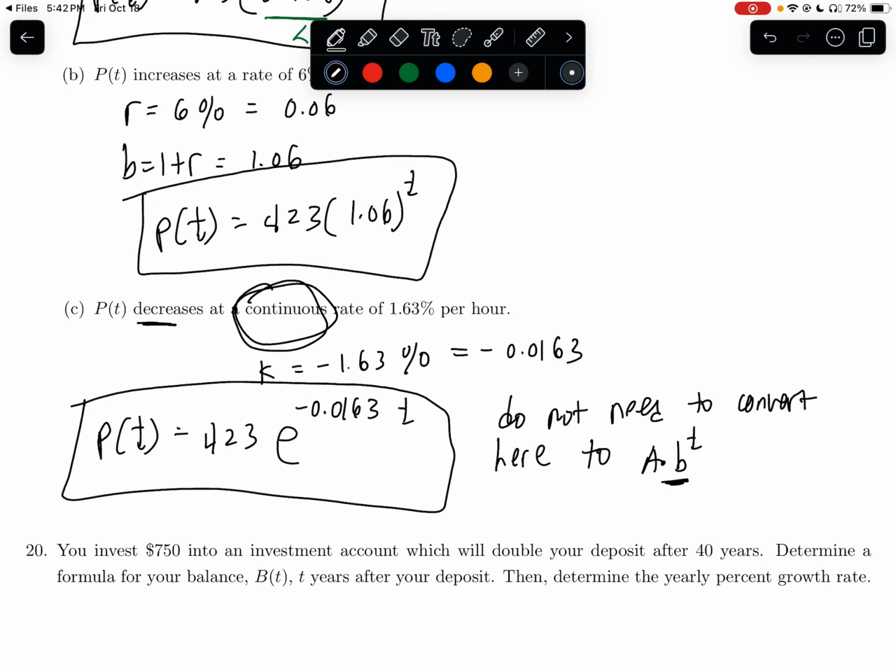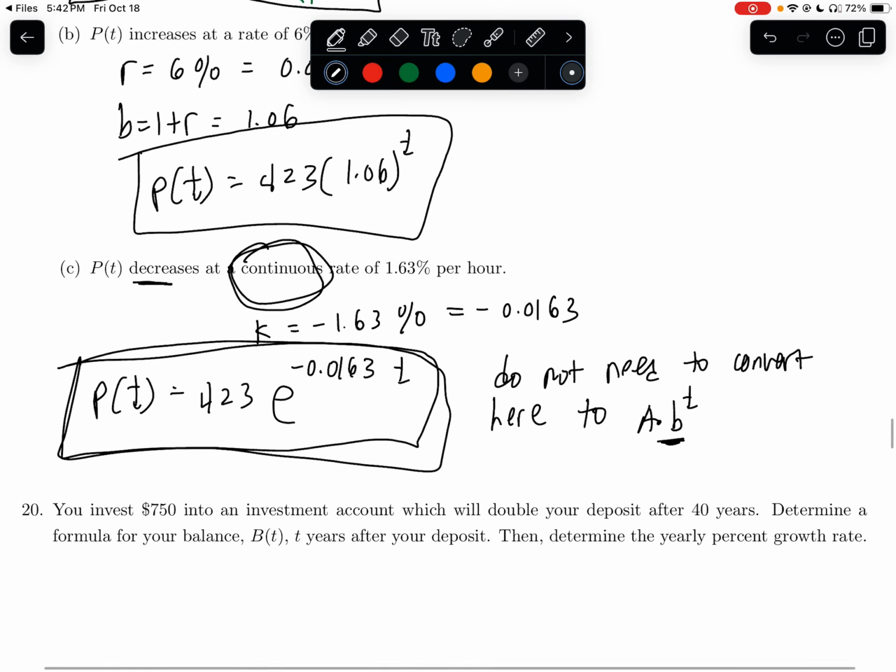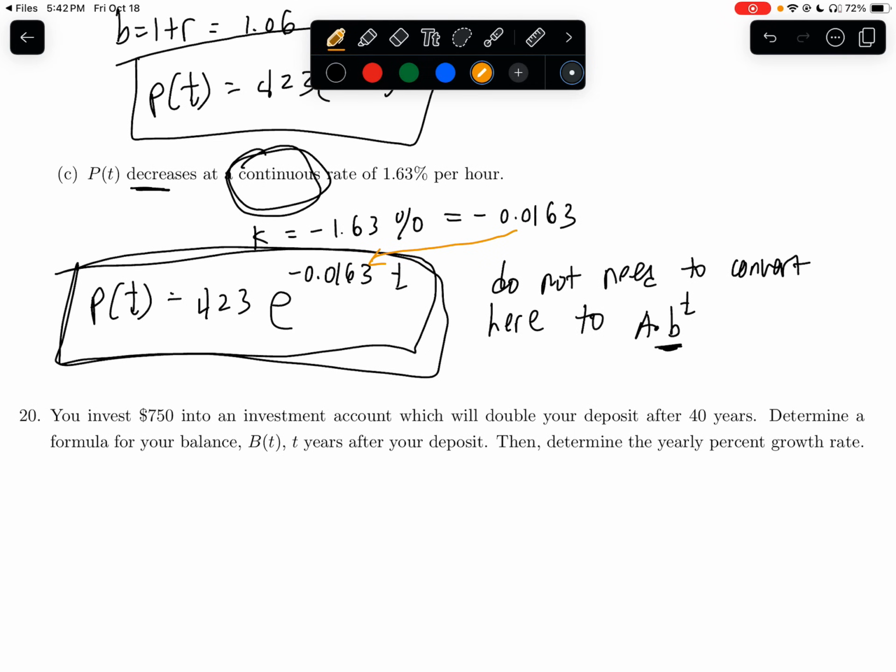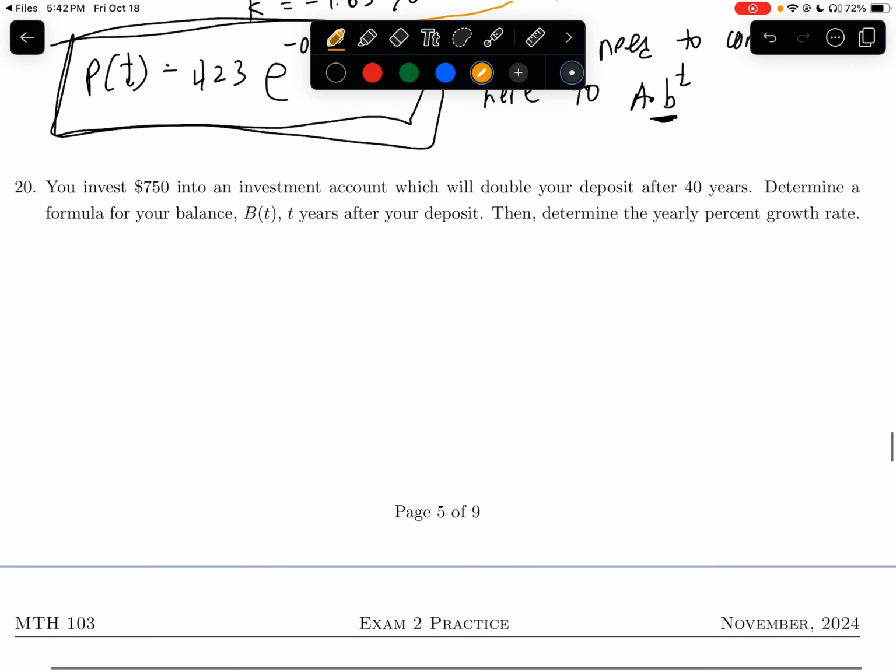You don't need to make the base b. This is a fine answer to provide. But also remember that you don't add or subtract 1 to k. It just goes directly into the formula for the function, and then you're done. Okay.